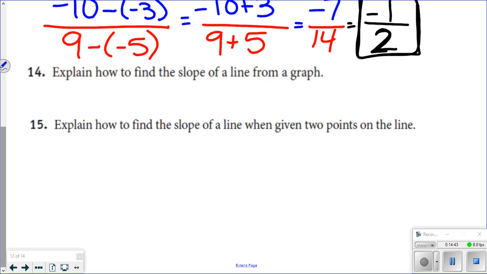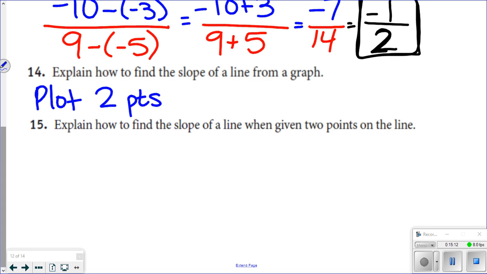When we're given a graph, if there are no points, there are no dots, no ordered pairs on the line, first of all, you need to plot 2 points on the line, if necessary. Remember, we're looking for a good bullseye point that's in the middle of an intersection, a crosshair between x and y.